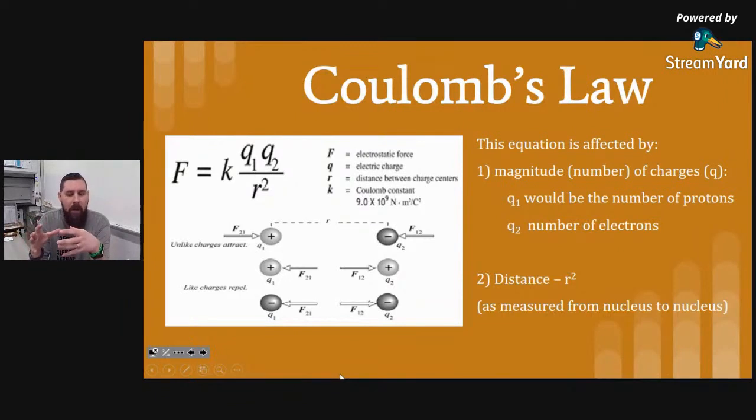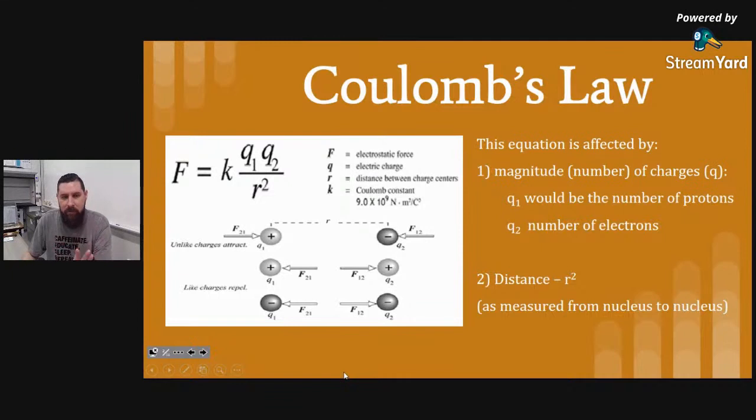If we're talking about attractive forces within an atom, which is what we talk about when we're dealing with periodic trends, then that distance, or R squared, is going to be measured from nucleus to the electron. If we're talking about a repulsive force between atoms, then it's nucleus to nucleus.